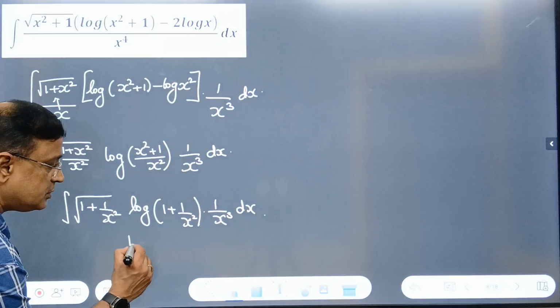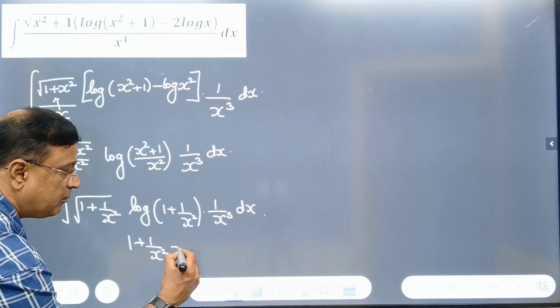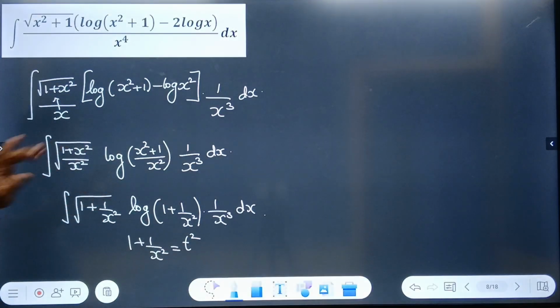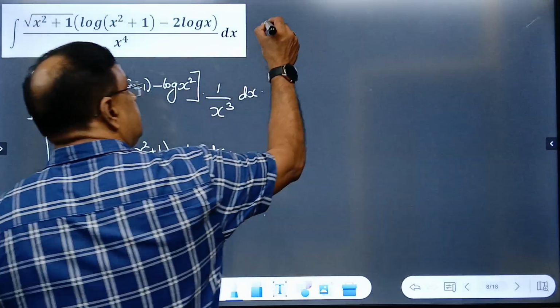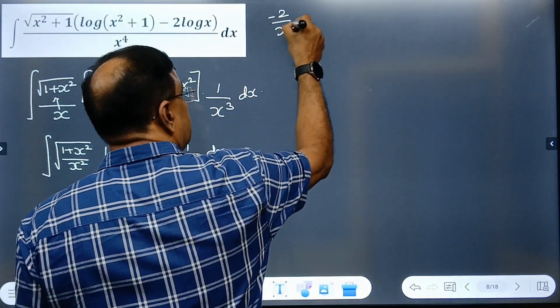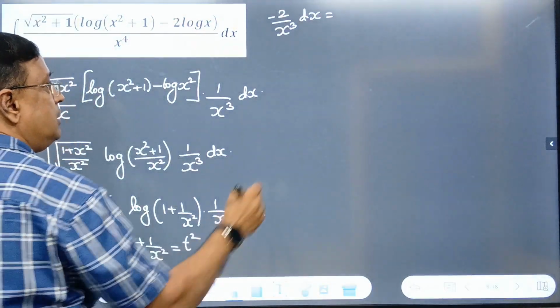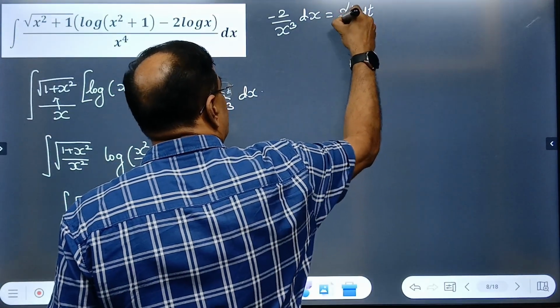What is the substitution? 1 plus 1 by x square, I am calling it as t square. I call it as t square because this is square root. You can even call it as t, no problem. So what is differentiation of 1 by x square? Differentiation of 1 by x square is minus 2 by x cube. And similarly, what is differentiation of t square? T square will be 2t dt. 2 gets cancelled.